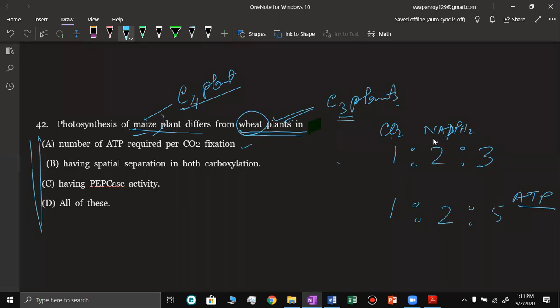Please read it as NADPH2, and this is ATP. So here the requirement of ATP is 3 per carbon dioxide. Here the requirement is more. So altogether, to synthesize one molecule of glucose or fructose, it requires 30 ATP molecules.